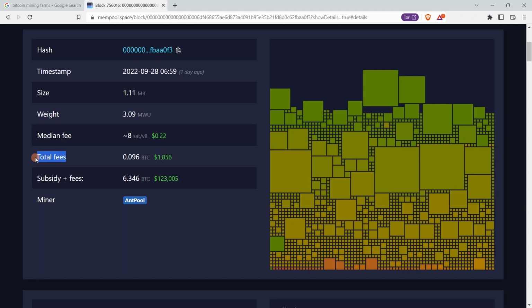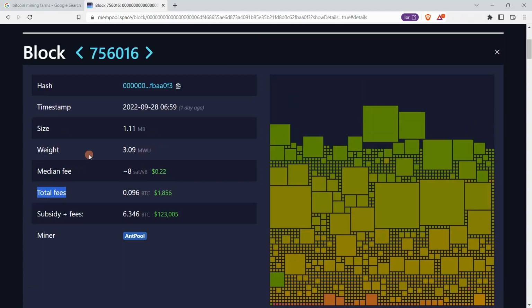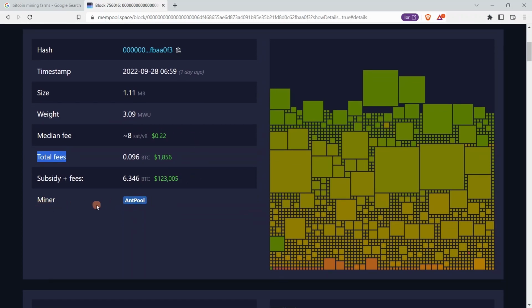They have to be paid for that. That's why in a transaction we have a fee. And this also prevents people from spamming the network with transactions. So you see the hash of the block, the timestamp, the size of the block, and much more information. You will also see which miner was able to mine this block.